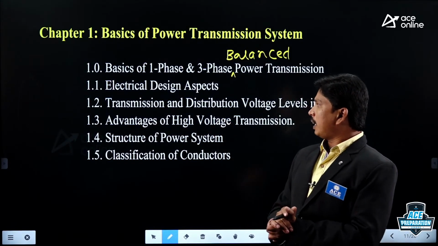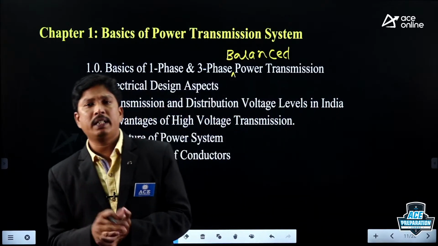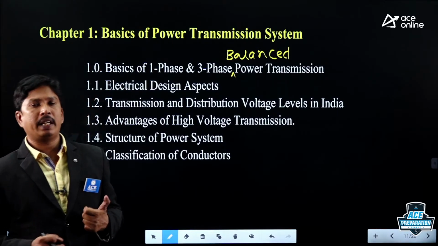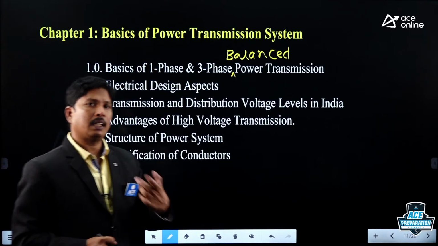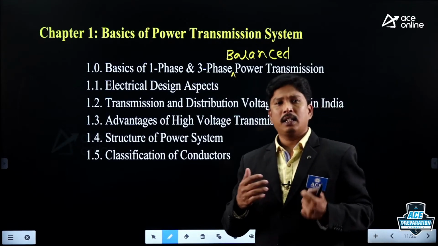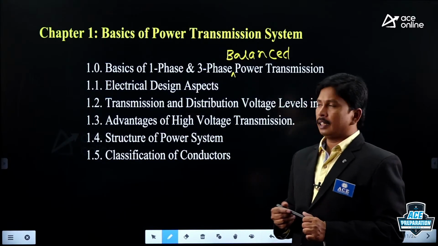And we can also see the advantages of high voltage transmission. Whenever you are transmitting the power at very high voltage, what are the advantages we can get? There may be less power losses, high efficiency, all those things we will see in that part.